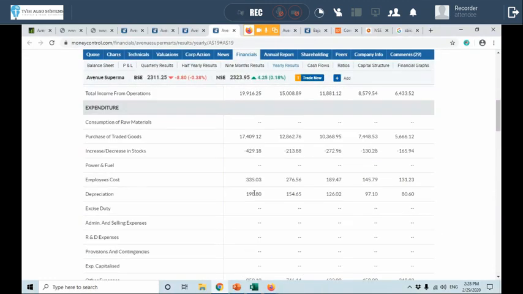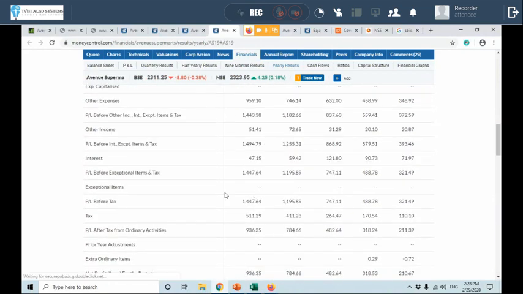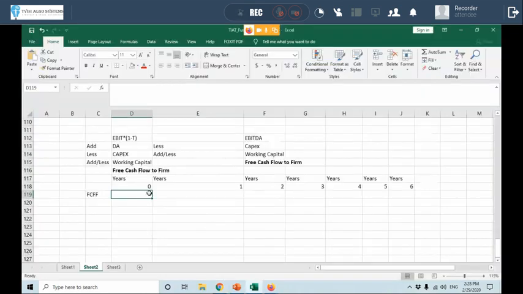Now we are almost 11 months over, but just as an example, I will take this as year 0 and the amount is 1447.64. So I am coming here with EBIT 1447.64.